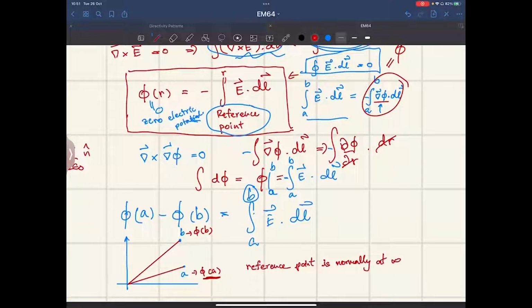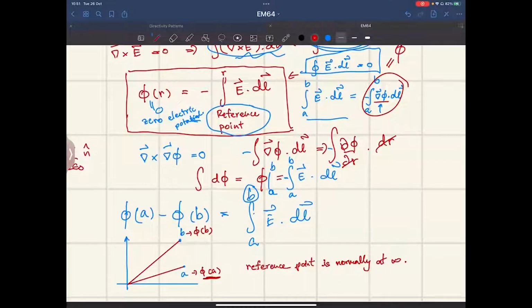Why do we choose infinity as our reference point? Because the potential is what? Can you tell me why we choose infinity? Because at infinity, the potential is 0. It's too far.